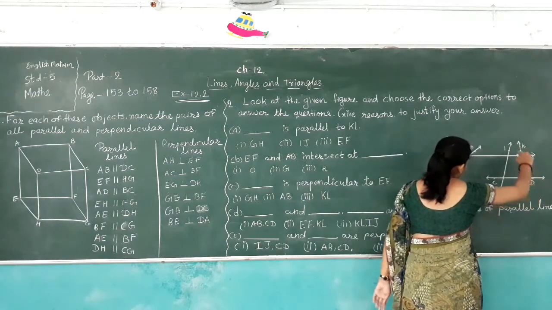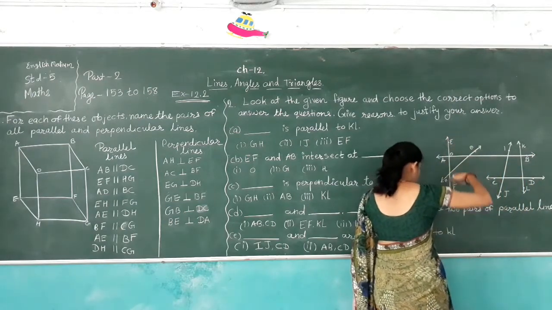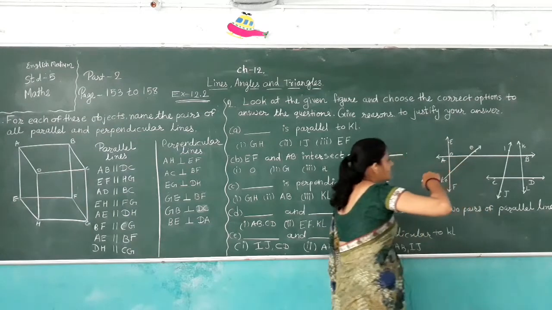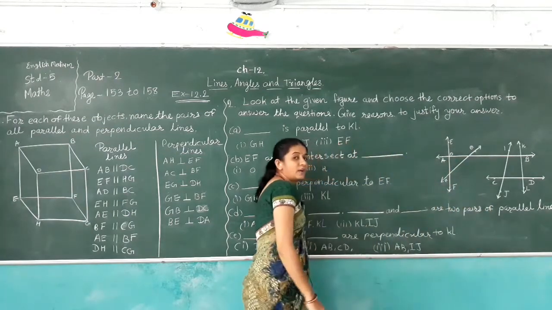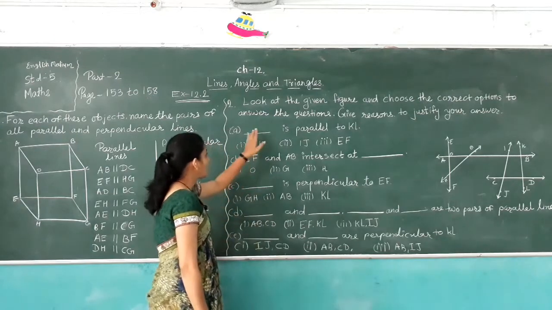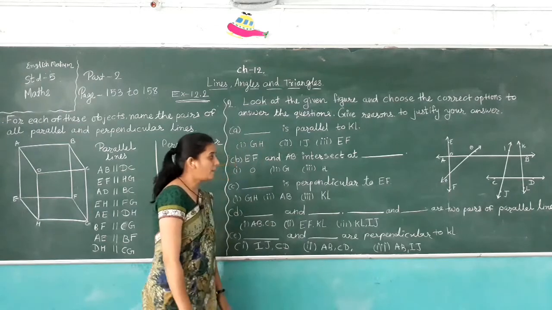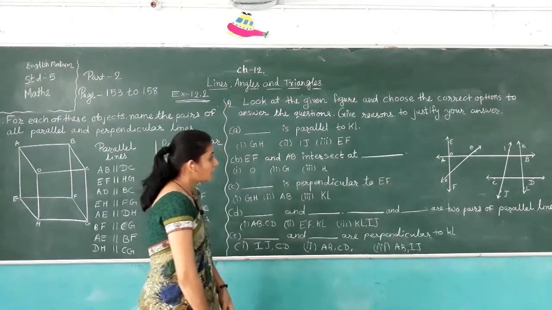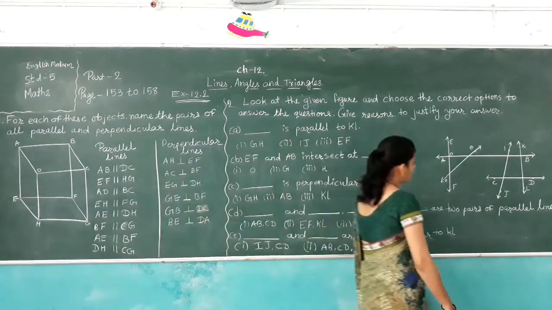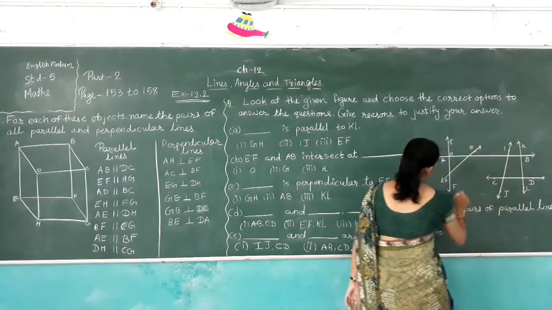Here is one intersecting line, a slanting line, and this also is an intersecting line. Standing line, horizontal line and vertical line are given. Now look here, blank is parallel to KL. Here the vertical line KL is parallel to EF.